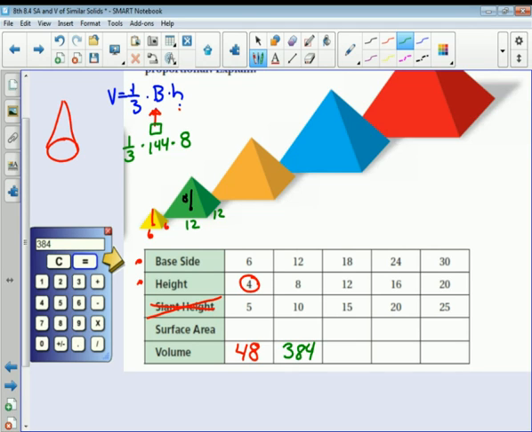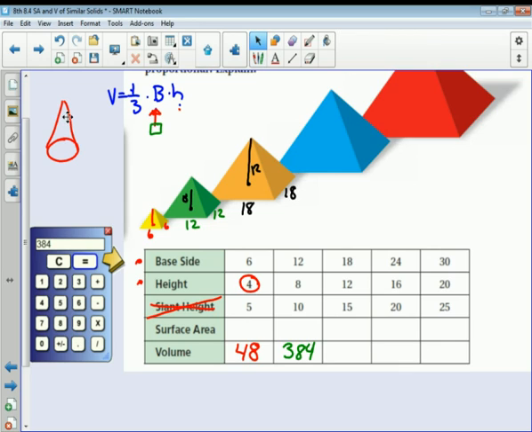Okay, so let's try one more of these. So we'll erase this part off. Okay, so on our next one, we have 18 by 18, and my height is 12. Okay, so on my calculator, I'm going to do my 18 times 18 because I don't know that right off the top of my head. And when I do that, I get 324.